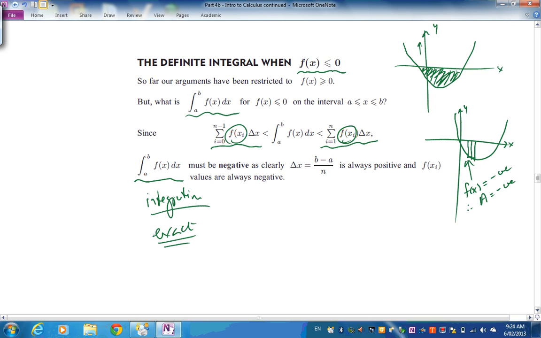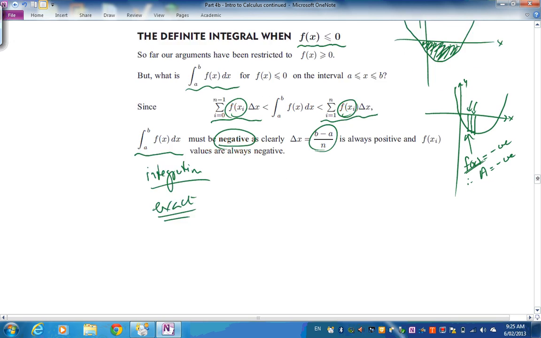But look out, if the curve goes below the axis, it will be negative, so it won't quite be right to call it the area in that case. It'll be the negative area. So our interval will still be the same. They'll all be positives, the widths, but the rectangles are upside down, and the height of the rectangle, remember, we were subbing the x value from one end of the interval into the function to find its height.